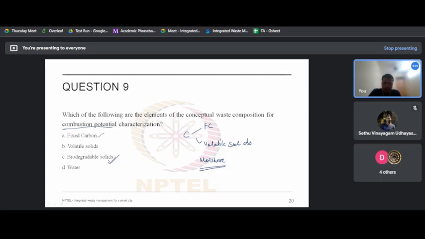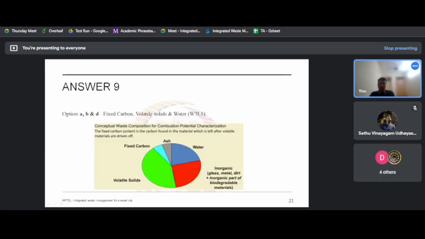So we will have fixed carbon, volatile solids, and water, because water is an important element when we are considering combustion potential. As we saw, the concentration changes heavily when we consider a wet basis and a dry basis. Depending upon the concentration that we have of a certain element, accordingly will be the calorific value, as we saw from Dulong's equation. So A, B, and D are correct: fixed carbon, volatile solids, and water.